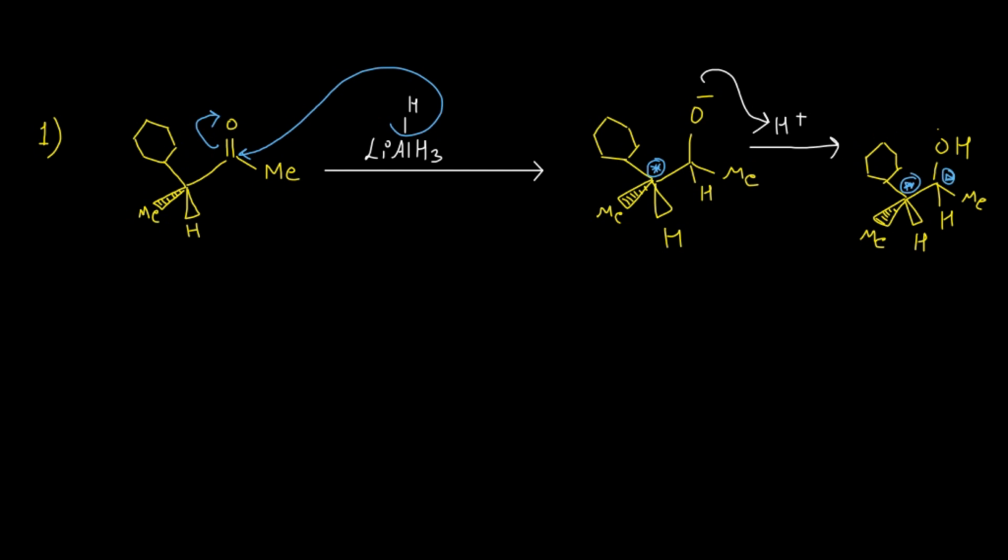That means the reaction is diastereoselective. It's a stereoselective reaction. What happens in a stereoselective reaction? You have two different kinds of stereoisomers. They can be enantiomers. If they are enantiomers, then it is an enantioselective reaction. If they are diastereomers, then it is a diastereoselective reaction.